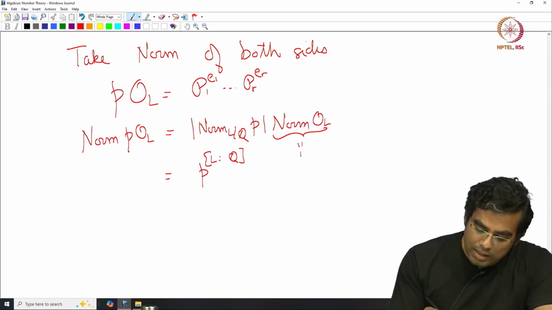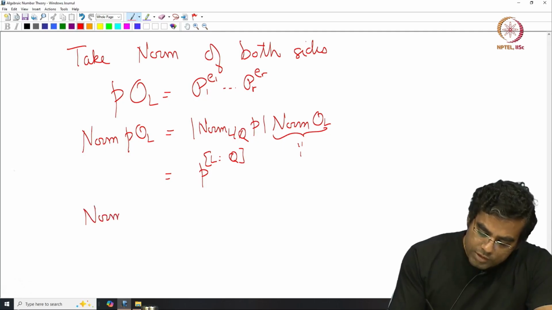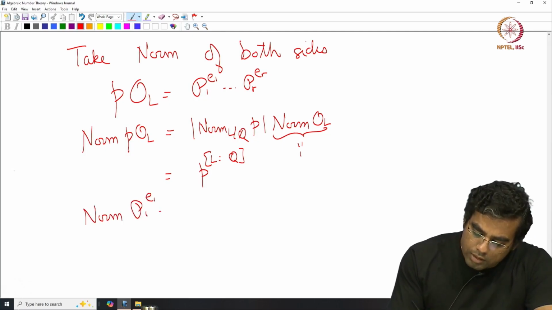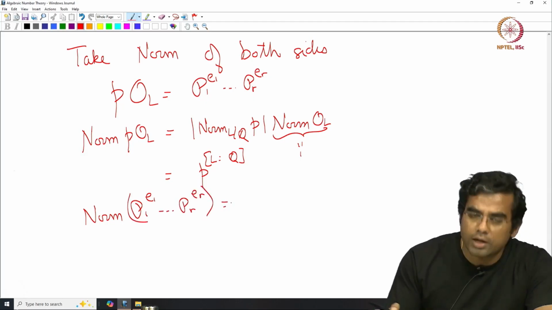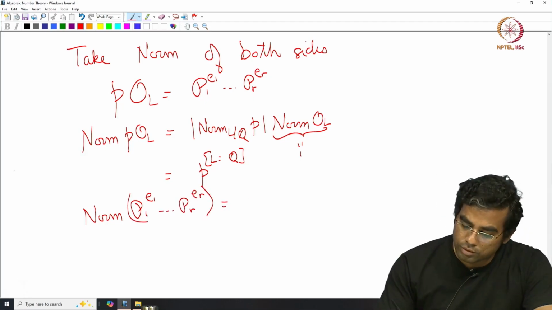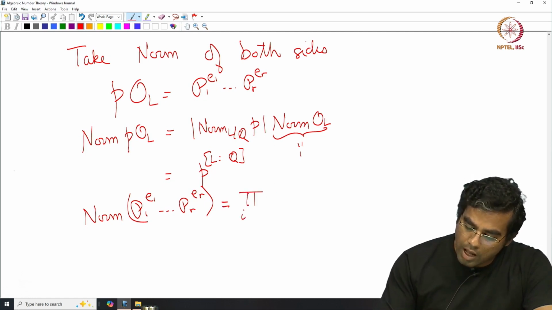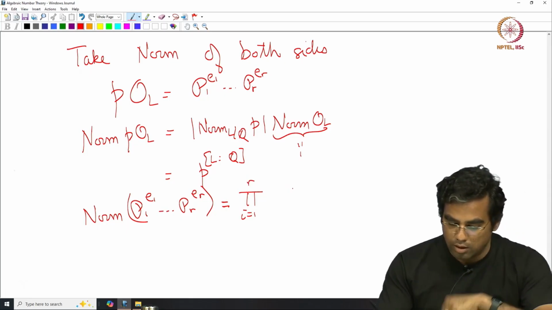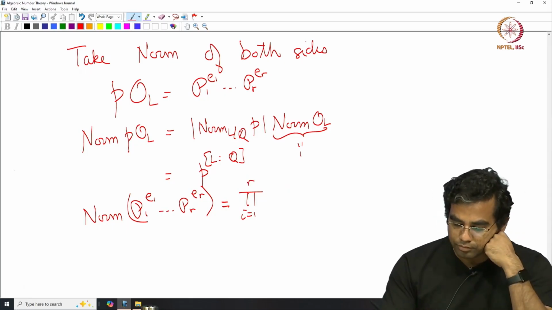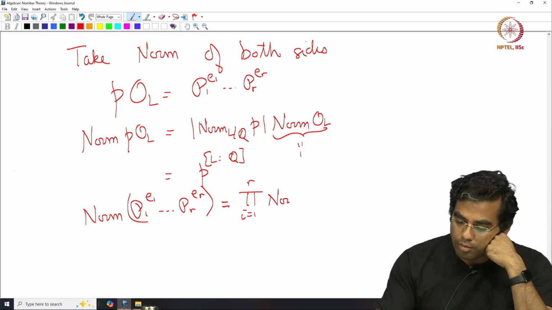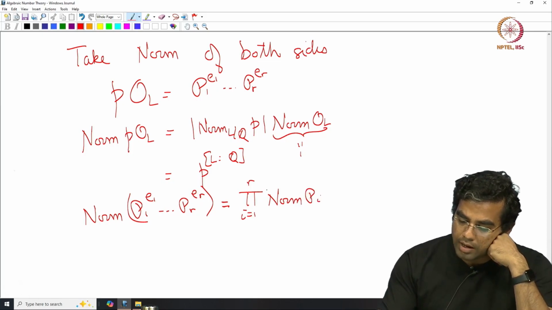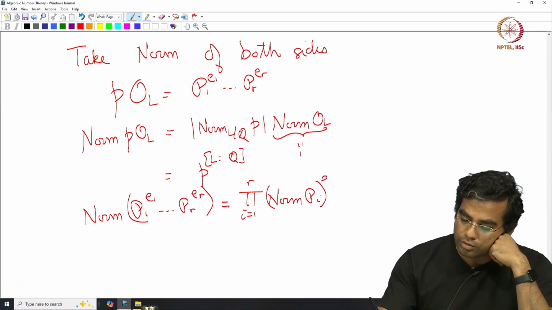On the other side, what is the norm of P1 to the E1 up to PR to the ER? Well, we know that the norm is multiplicative. So this is the product, i going from 1 to r, of the norm of Pi to the Ei.